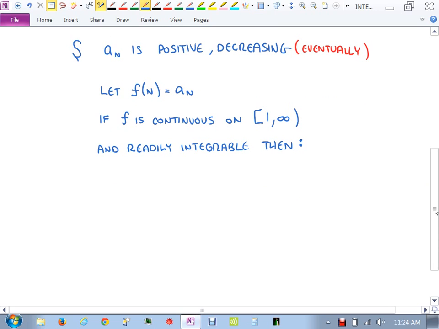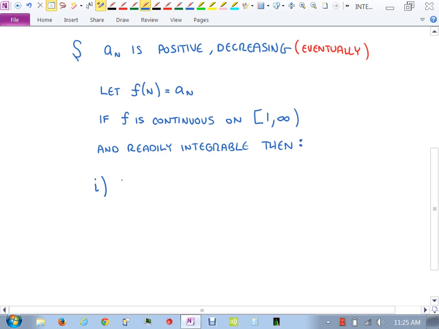So let's just talk about what that is saying. We're treating our sequence as a function of numbers, all numbers, instead of just the integers. If that function is continuous, which means you can draw it without picking up your pencil, basically, right? And it's readily integrable, which means we'll be able to find the antiderivative of it. Then here, the following things are true. Okay, here are the things that are true.